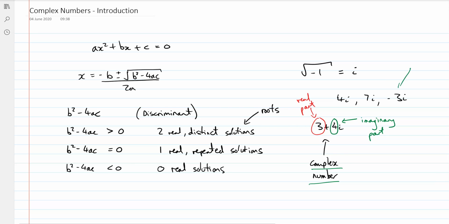So these are imaginary numbers, these are complex numbers. In reality, a real number, like 3, is just a complex number where the imaginary part is 0. Obviously we would never write that, we just write 3, but a real number just means the imaginary part is 0. But this is how we use i, and this is what complex numbers are.